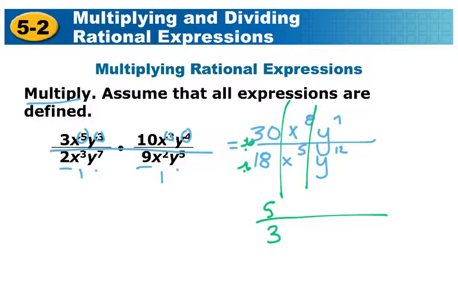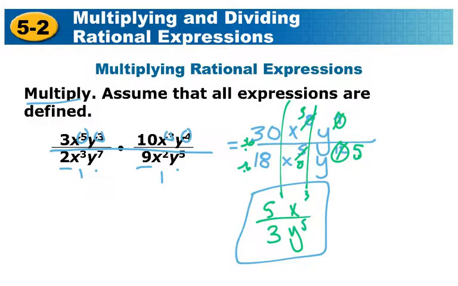From your x to the 8th and your x to the 5th, you're going to end up having none on the bottom and then x to the 3rd left over on top. And then if you have y to the 7th on top and y to the 12th on the bottom, if you cancel out 7 of them, you're left with y to the 5th on the bottom. And so that is our reduction after multiplying.